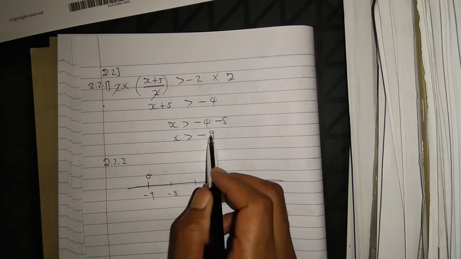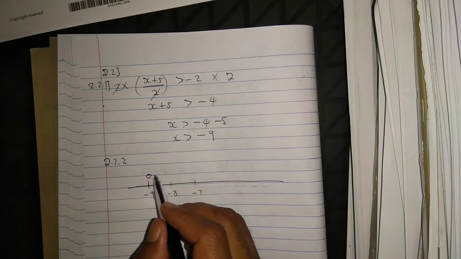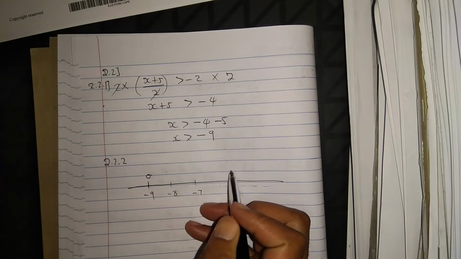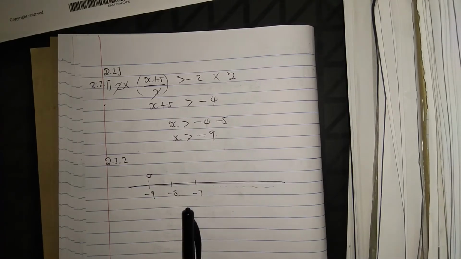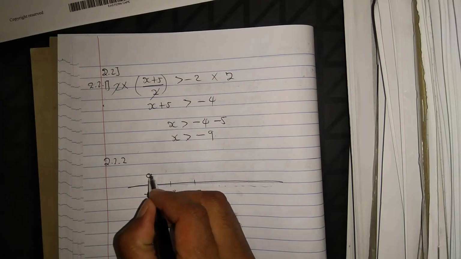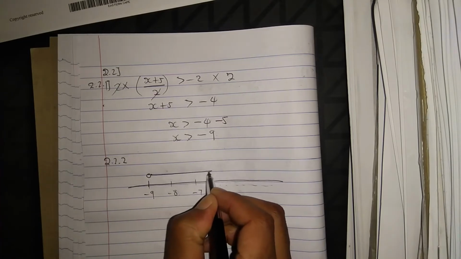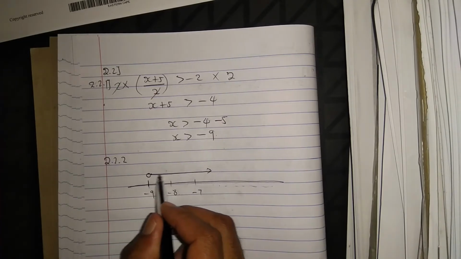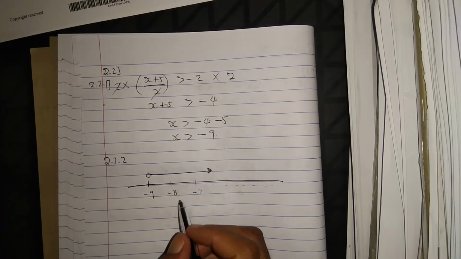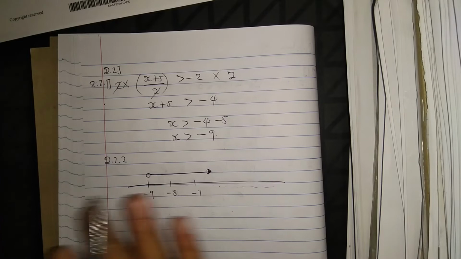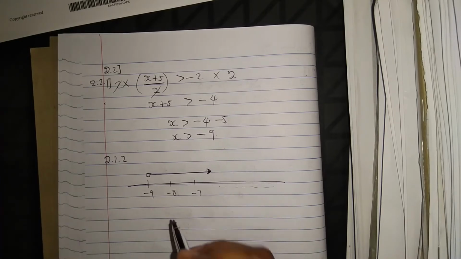x is greater than -9. All the numbers that are to the right of -9 are the values for x, or the solution for the equation here. So we place an arrow pointing to the right of -9, showing that solutions lie to the right of -9.